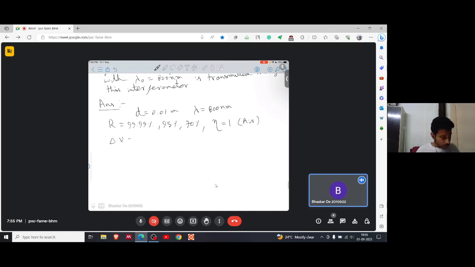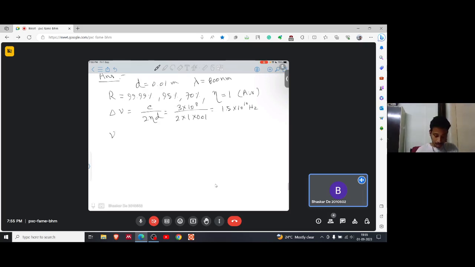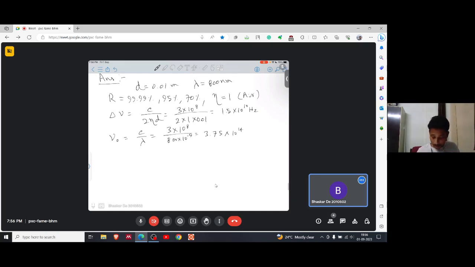Now delta nu equal to c by 2 eta D, so it will be 3 into 10 to the power 8 by 2 into 1 into 0.01, which is 1.5 into 10 to the power 10 hertz. Then nu naught will be c by lambda, so 3 into 10 to the power 8 by 800 into 10 to the power minus 9, which is 3.75 into 10 to the power 14 hertz.